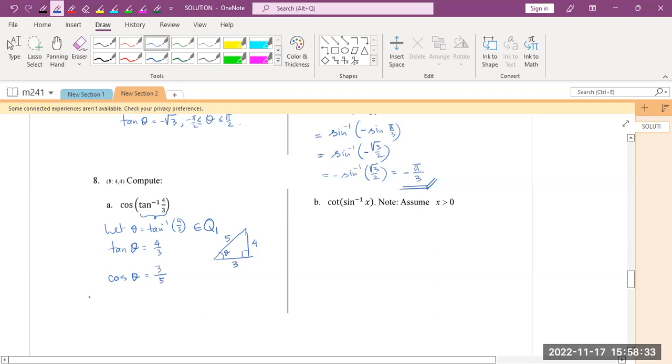Now, why do we do cosine theta? Because theta is tangent inverse of 4 over 3. So cosine of tangent inverse of 4 over 3 is 3 over 5. That's how we do it.